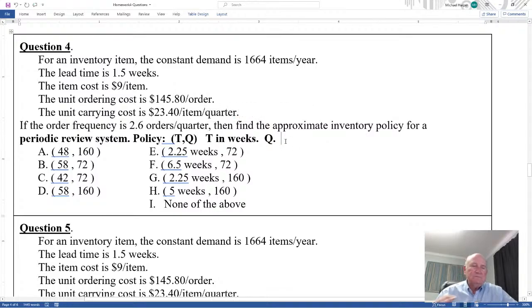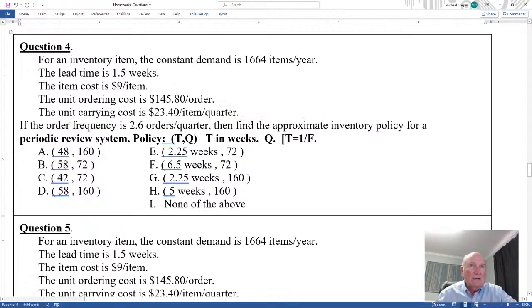Remember the equation: T equals 1 over F. I'm giving you F, and 1 over the order frequency is the inventory period, T.